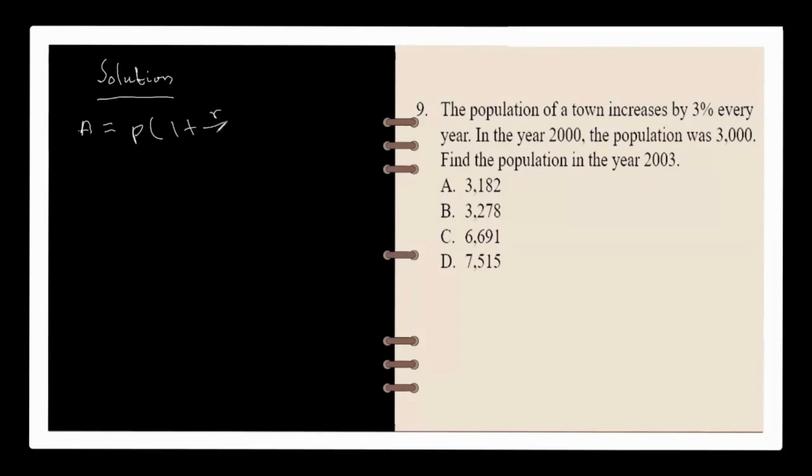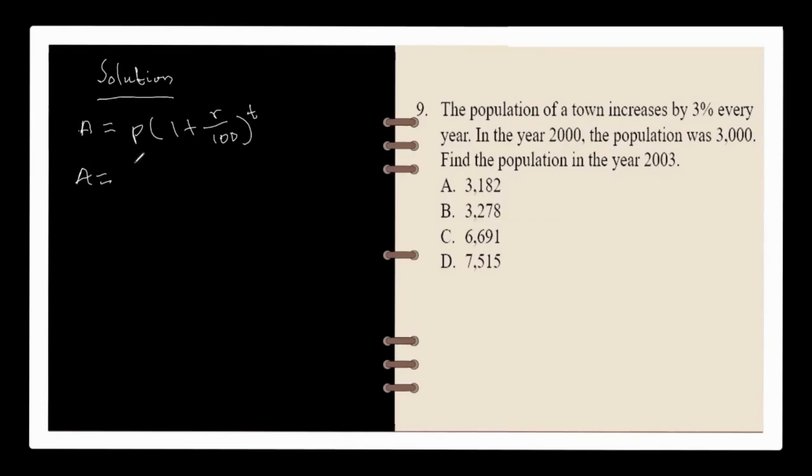Okay, this is what we have. Here, A is going to represent the new population. P is going to be the old population.